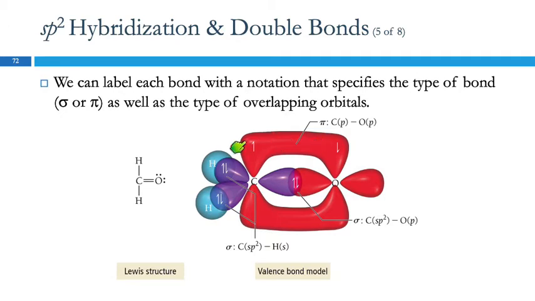We can label the pi bond as well. That would be pi colon, between carbon and oxygen, and both of them are using p orbitals. This will always be true of pi bonds. Pi bonds are made with p orbitals.